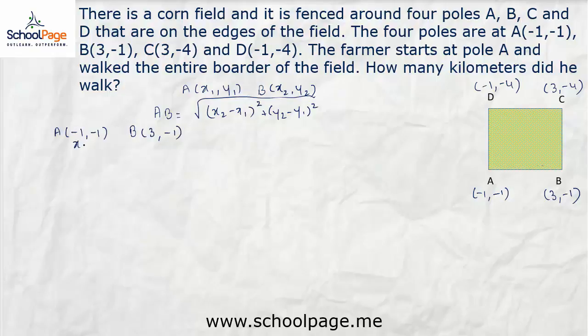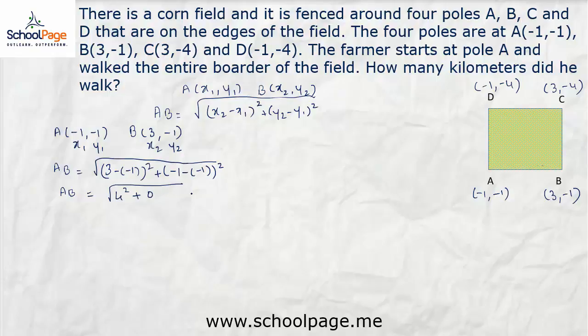Let us mark this as x1, y1, x2, y2. So AB equal to square root of 4 square plus 0, which is equal to 4 kilometers.